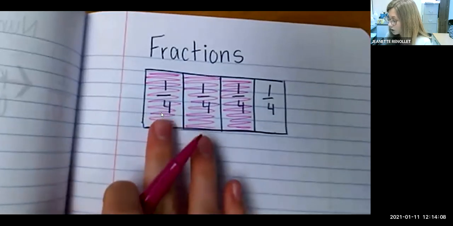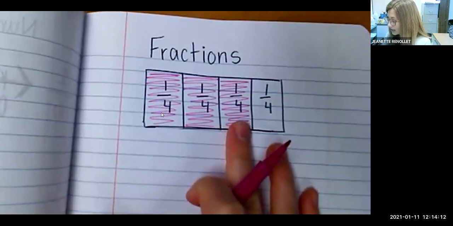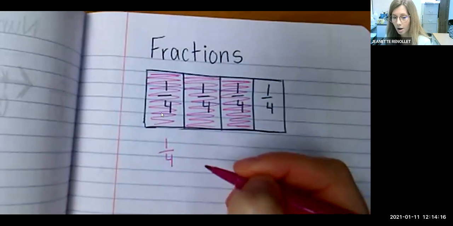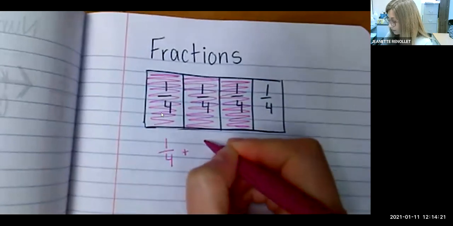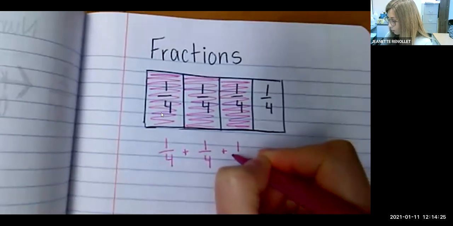Mrs. Rinalé has eaten 3 parts of the whole. So we can say that Mrs. Rinalé ate 1/4 plus 1/4 plus 1/4.